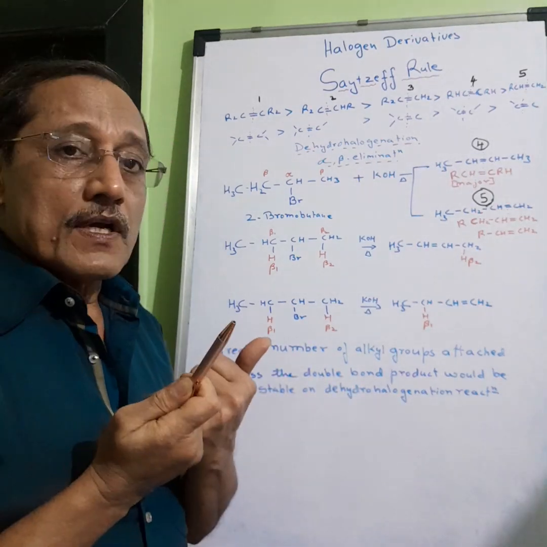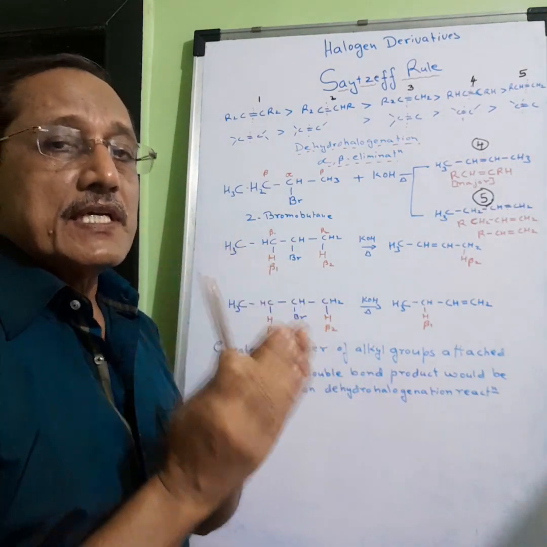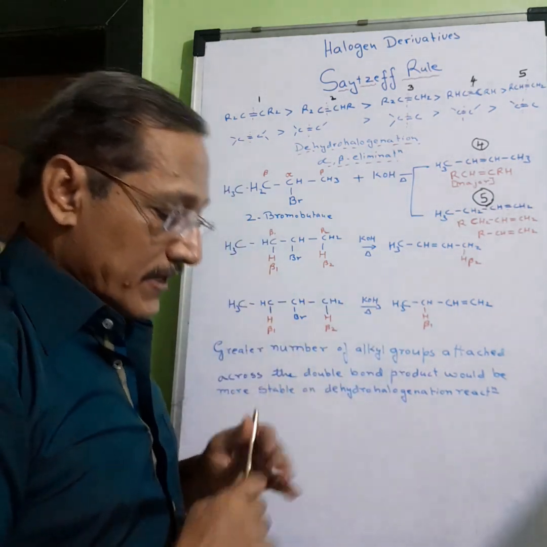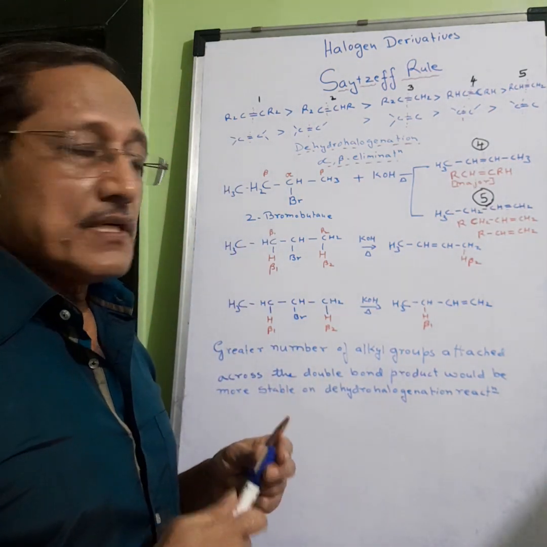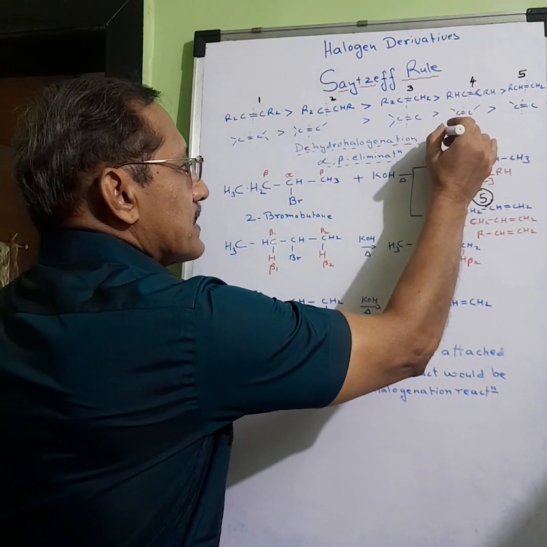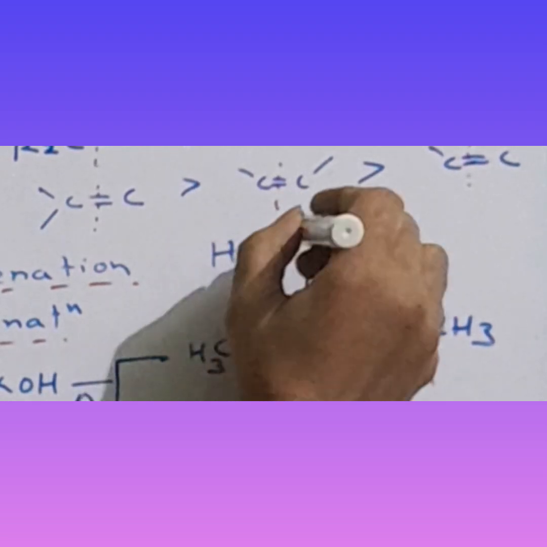D is removal. Removal of hydrohalogen is dehydrohalogenation. Fine, understood? Now whenever we talk of dehydrohalogenation, we know this reaction. Suppose I take HCl, hydrohalogen, and react it with KOH.